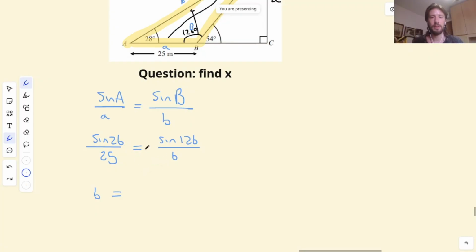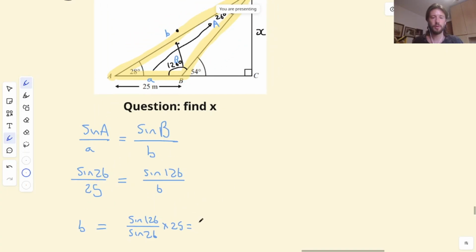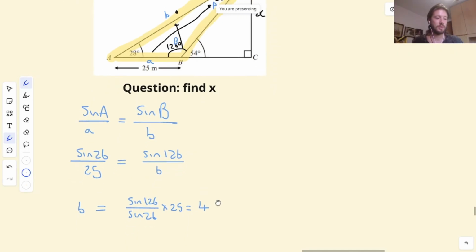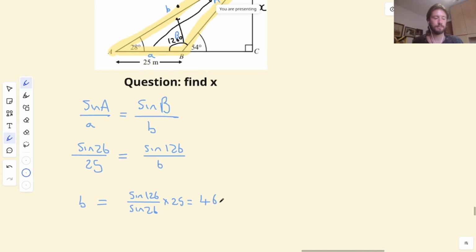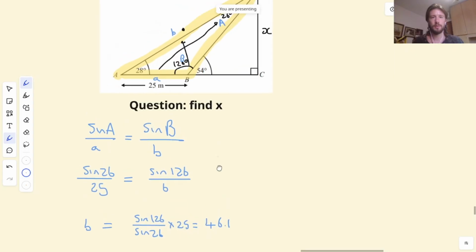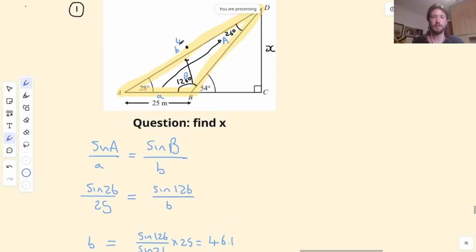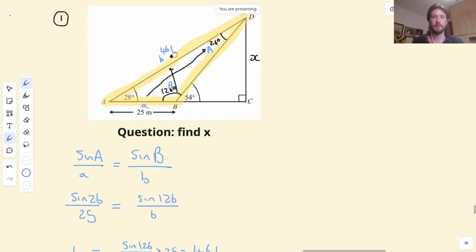Hopefully you are familiar with rearranging these kinds of equations. Doing so, we will get that B is equal to sine of 126 divided by sine 26 times 25, which will give us 46.1. So this side is 46.1.